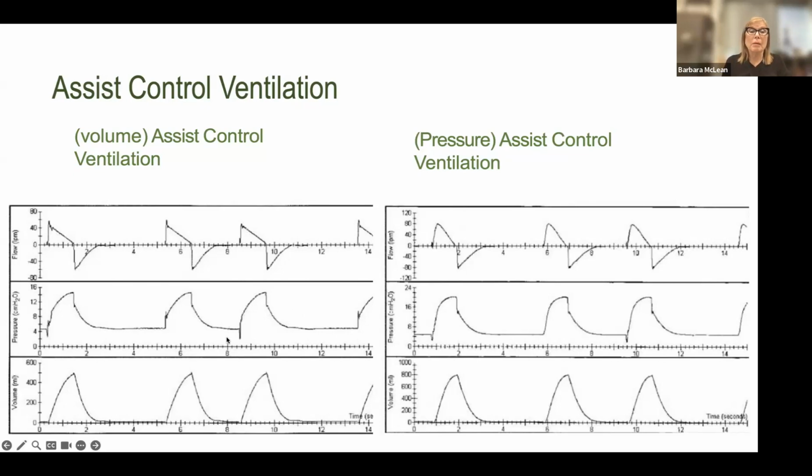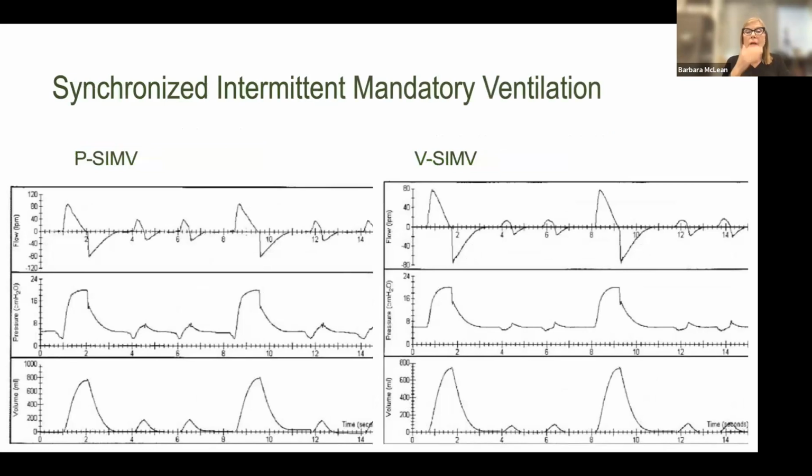But with this little dip here, what that's telling you is that you've generated a negative inspiratory force, turned on the ventilator, but every breath looks the same because we're in assist control, which means even if the patient is over-breathing the set rate, the ventilator turns on and delivers a full supported breath.